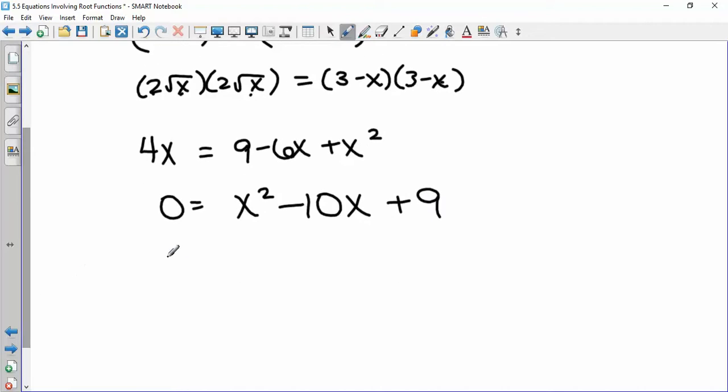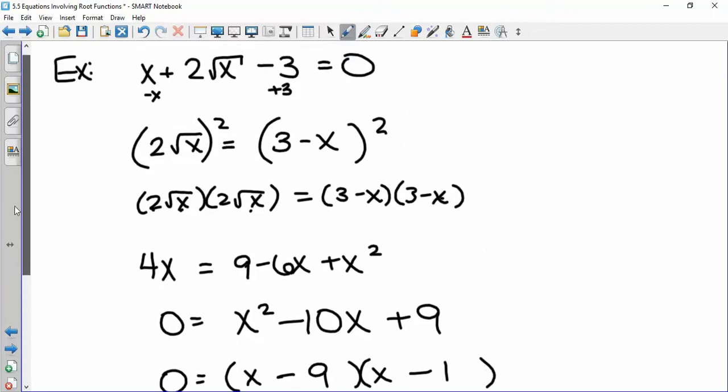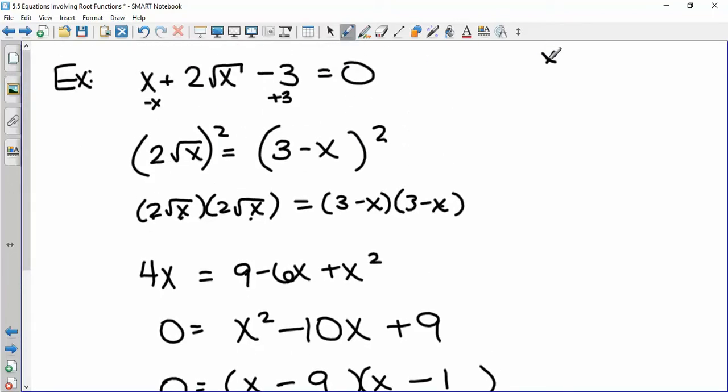So now what do we do? Box method. What two numbers multiply to positive 9, add to negative 10? So if you set those equal to 0, we get 9 and 1. Am I done? Check. We have to check each one. Go back to the original when you put them in.